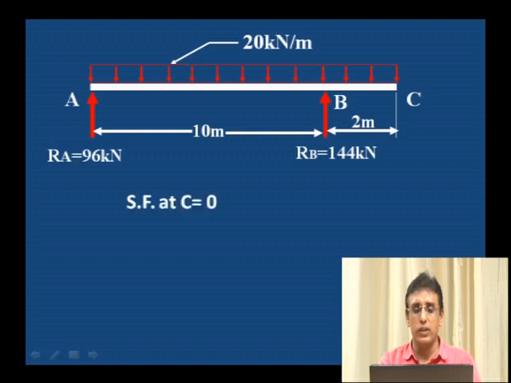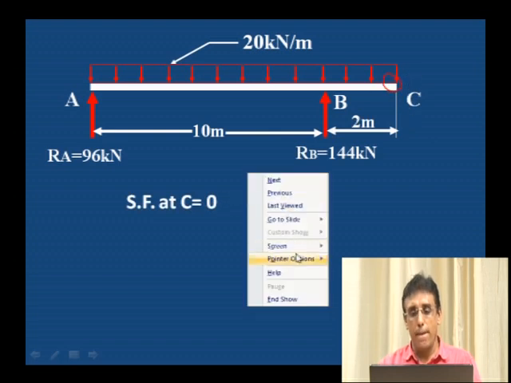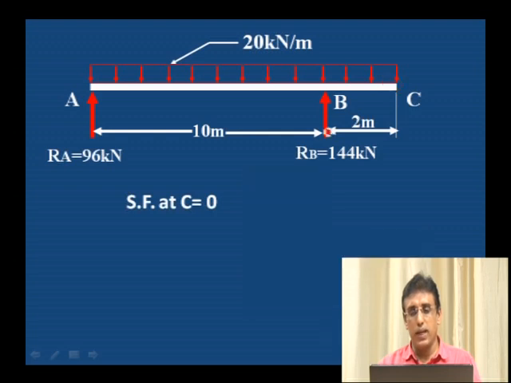These are the two values. Shear force at C point is 0. Now if a point load is acting, then we have to take the value of that point load. Shear force at C is 0.